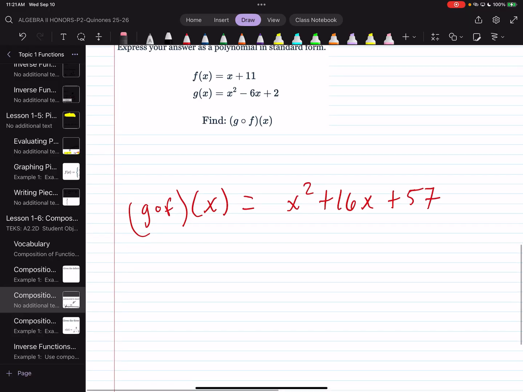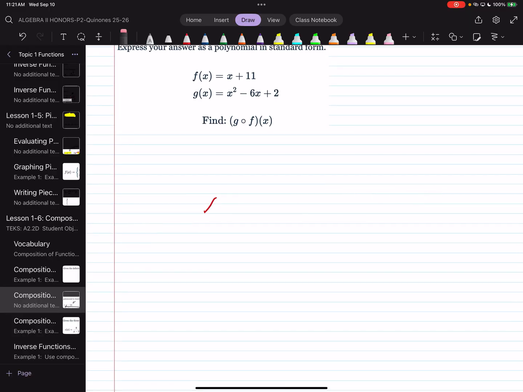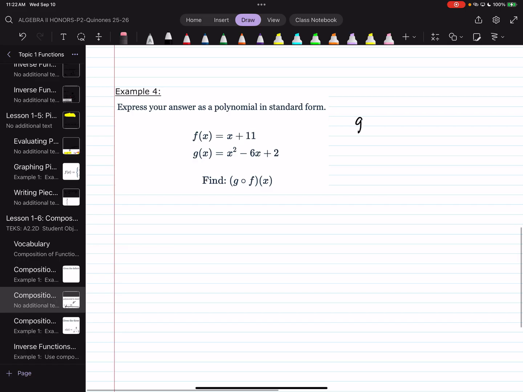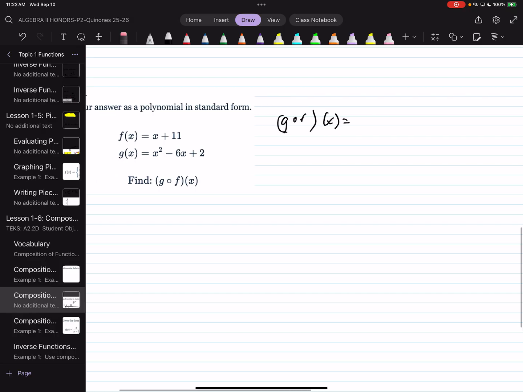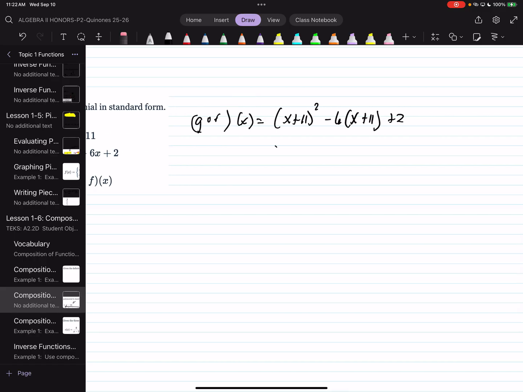But real quickly, for those of you that didn't get to the answer and you do want to see an explanation, I'm going to fast track it. g of f of x is equal to x plus 11 squared minus 6 times the quantity of x plus 11 plus 2. This turns into x squared plus 22x plus 121.